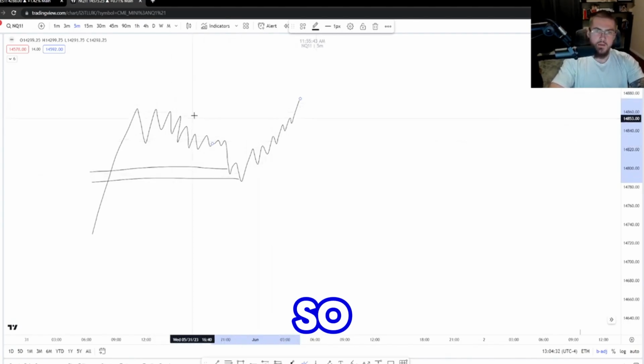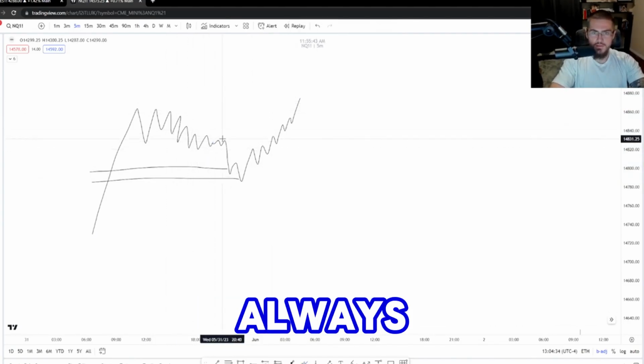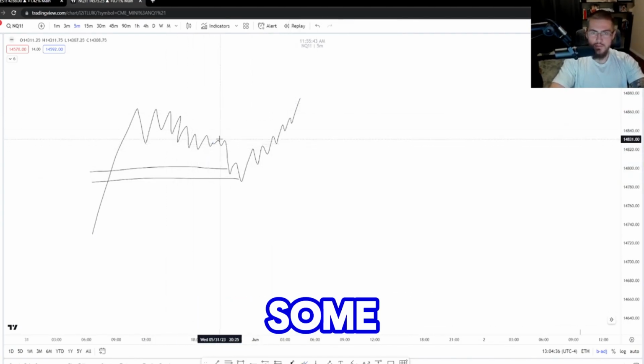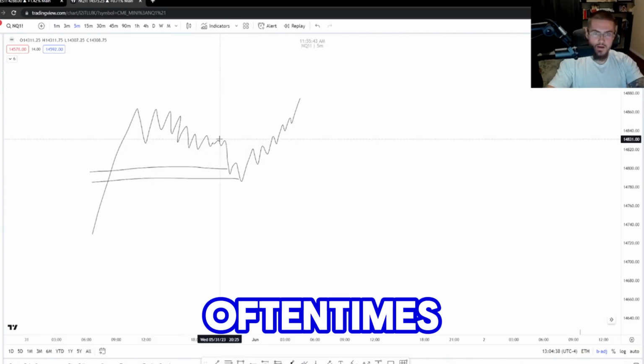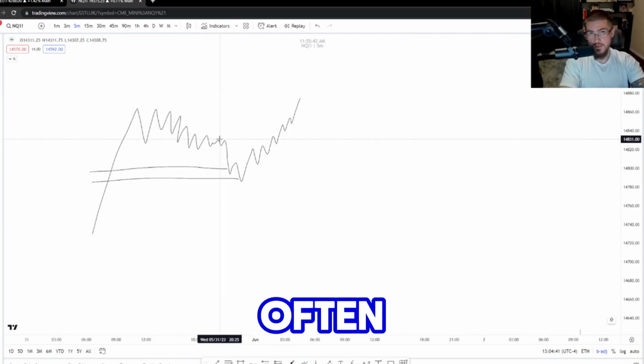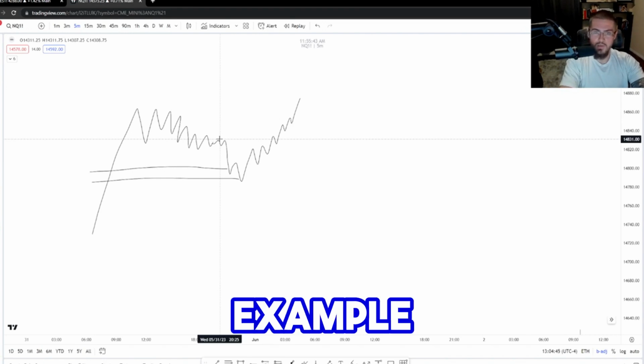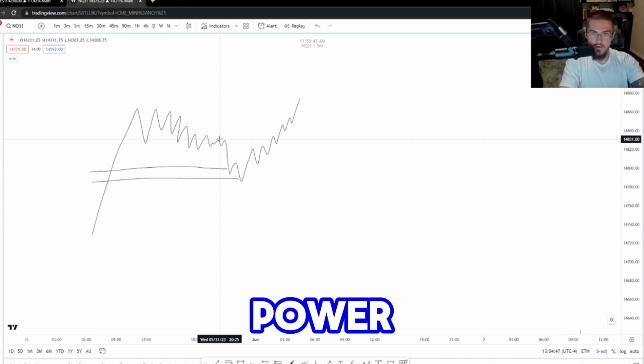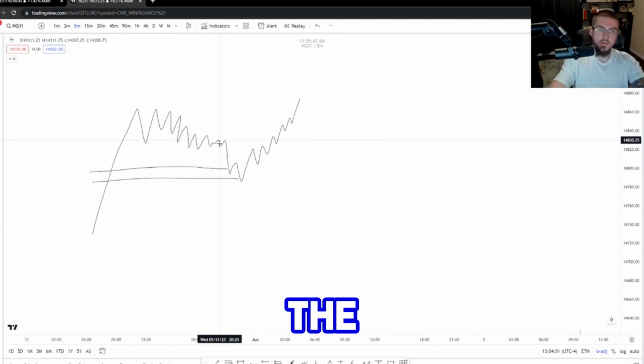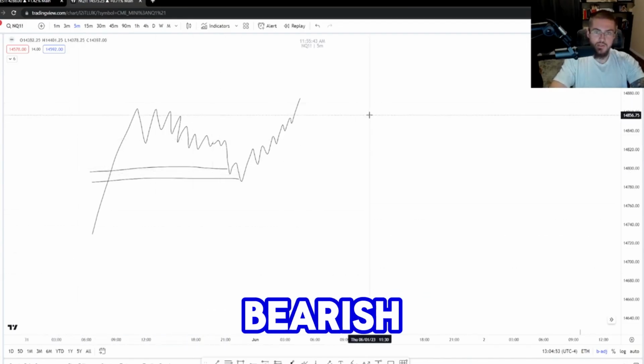So you have to understand that the market is always in one of these cycles relative to some defined range in time. Oftentimes, I won't say oftentimes, all the time, it is in multiple defined ranges of time. So, for example, let's say you're having a bullish power of three on the daily profile, well, that might be just to fulfill the manipulation swing of a bearish weekly power of three.